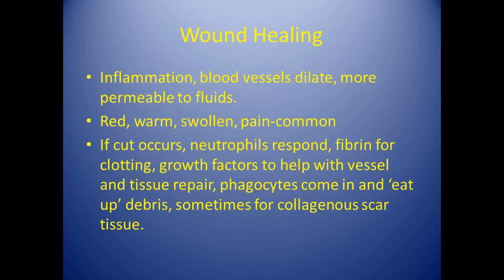You're going to have a protein called fibrin that is produced from fibrinogen that's going to help your clotting to start, hopefully. And then we have what we call protein growth factors that are going to help the vessel and the tissue start to repair. And then any of the debris or junk that we don't want in there, we have other white blood cells, some macrophages, that come in there and basically eat up and take care of that debris.